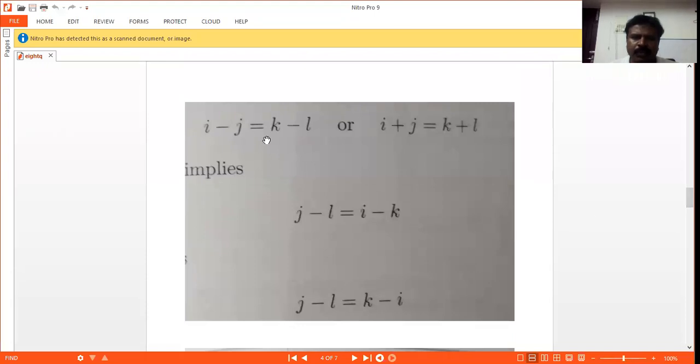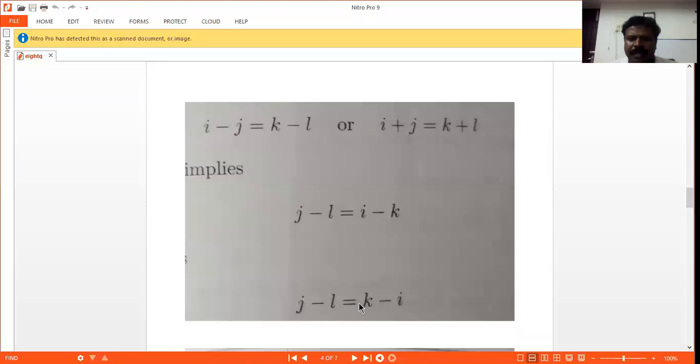I already told you that this is the downward diagonal and this is the upward diagonal. For downward diagonals, the difference i minus j of that particular location equal to k minus l means there is a coin in the downward diagonal. If we have i plus j equal to k plus l, then there is a coin in the upward direction. Taking these two, we have j minus l equal to i minus k, and j minus l equal to k minus i.